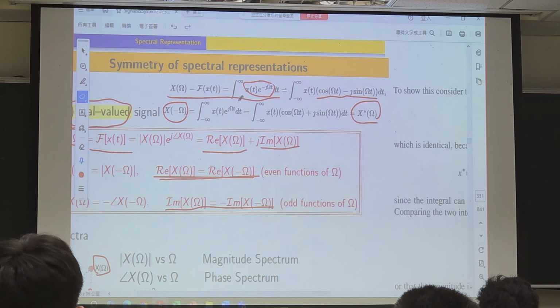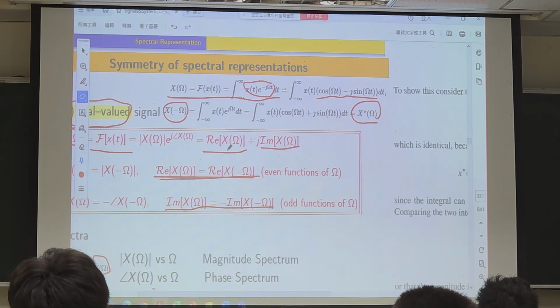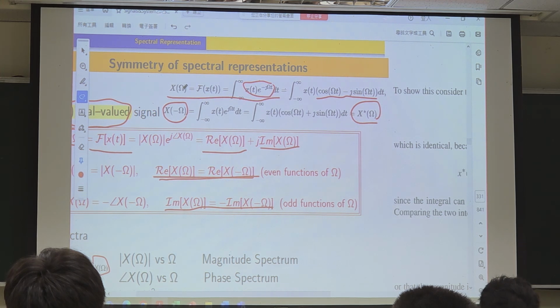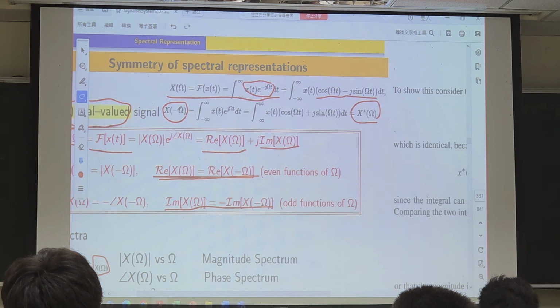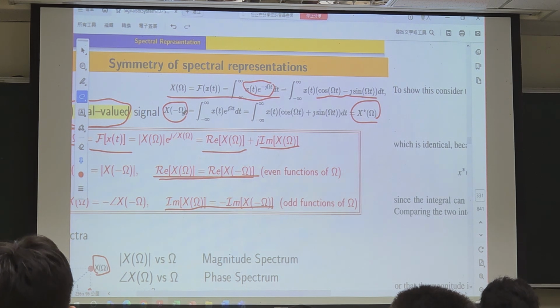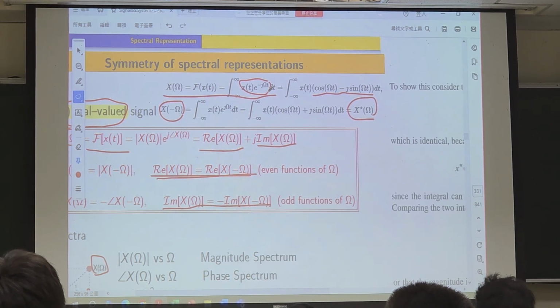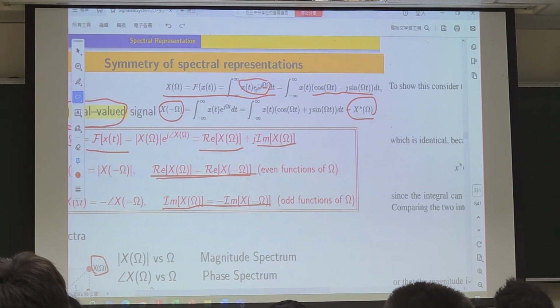Okay, so now if we change the sign of the omega, we have x of negative omega. You see what happens? Now for the Fourier transform x of negative omega, by definition, we replace omega by negative omega. So the minus sign will disappear.